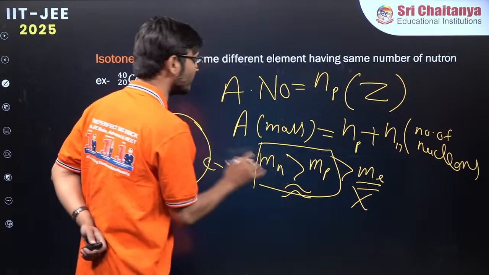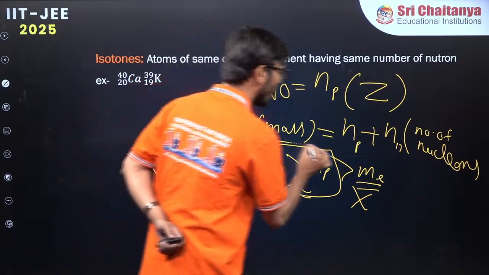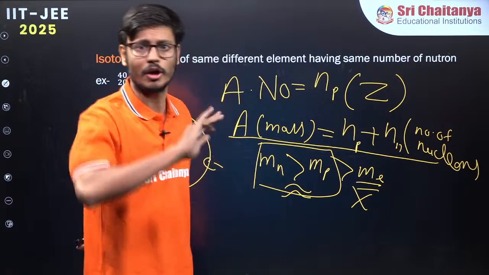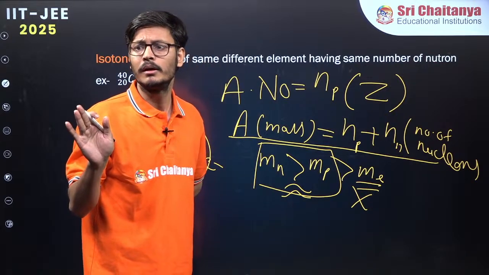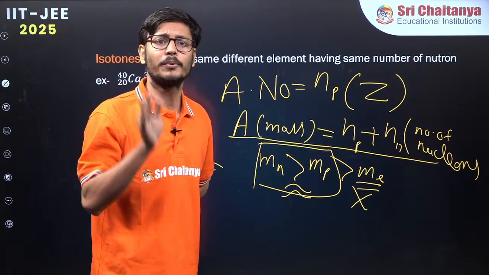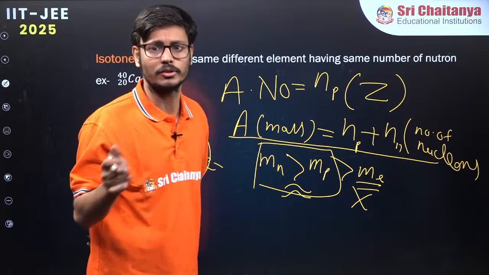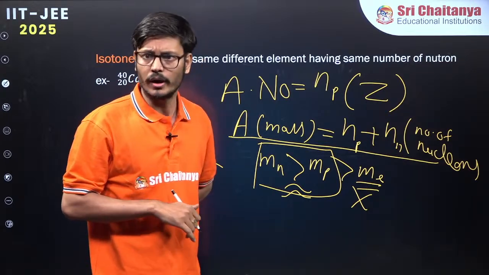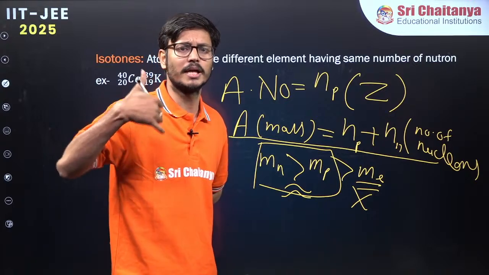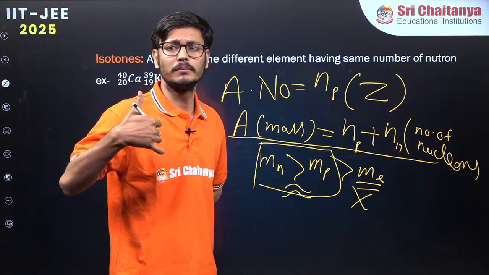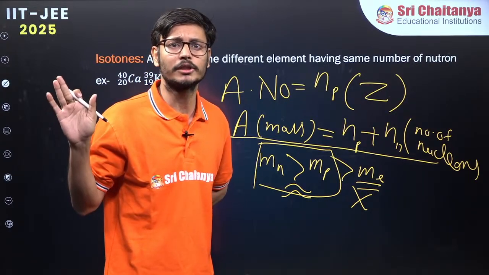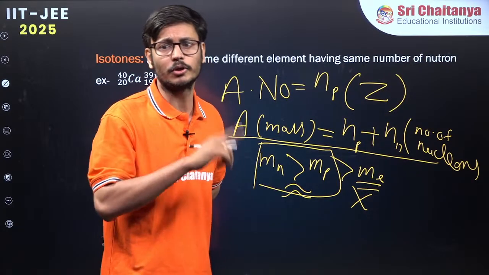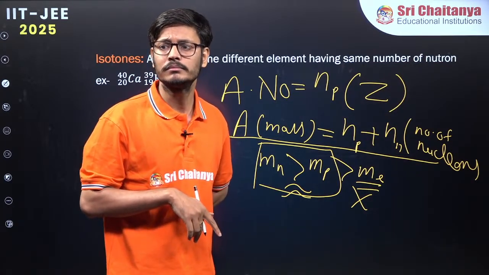So wherever we write mass number, it is only about neutron and proton, it is not about electron. I hope it is clear to everyone. Just give me a thumbs up. Mass number has nothing to do with the number of electrons. Am I clear to everyone?